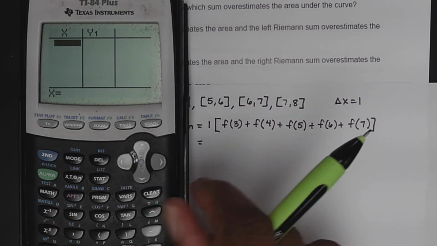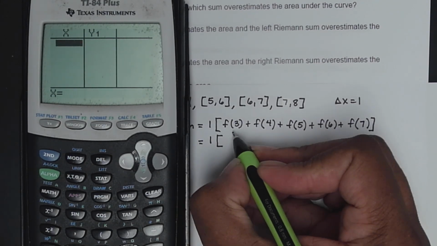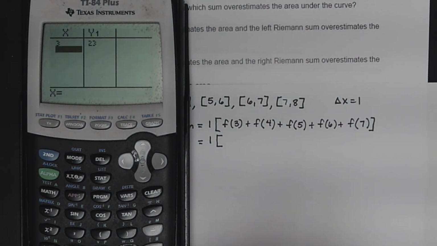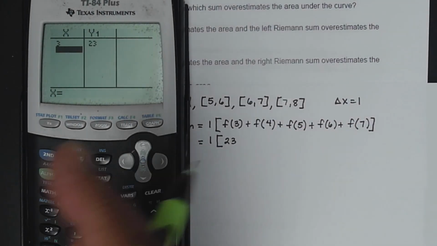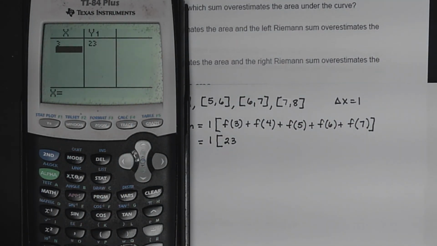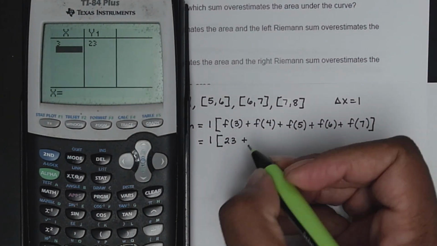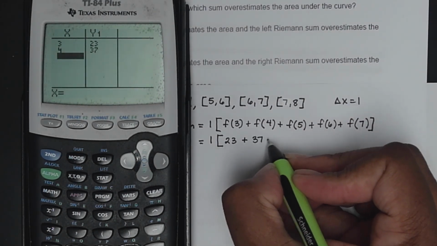And in this case here, we're going to do 1 times. Let's find out what f of 3 is. So if I type in the 3, press enter, it'll be 23 because 3 squared will be 9 times 2 is 18 plus the 5 will be 23, plus f of 4, that'd be 37.